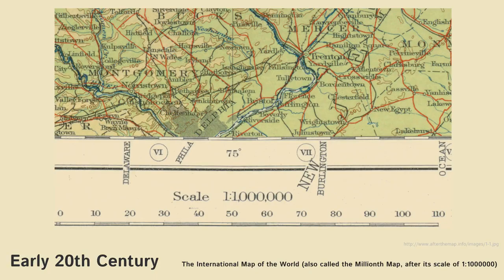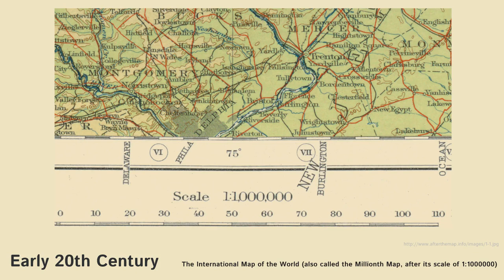And here's one of these, what's called the International Map of the World, or the millionth map, a scale of 1 to 1,000,000. And it had the same conventions across all space. So Boston looked like Paris. International spaces, they all shared the same common look.